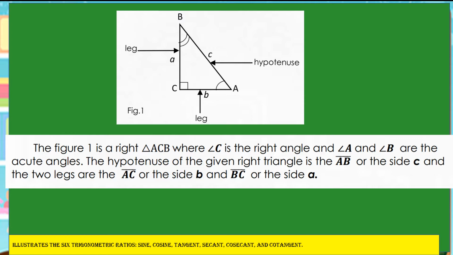The hypotenuse of the given right triangle is side AB or side C, and the two legs are segment AC or side B and BC or side A. So these three parts of the right triangle are important in this lesson.